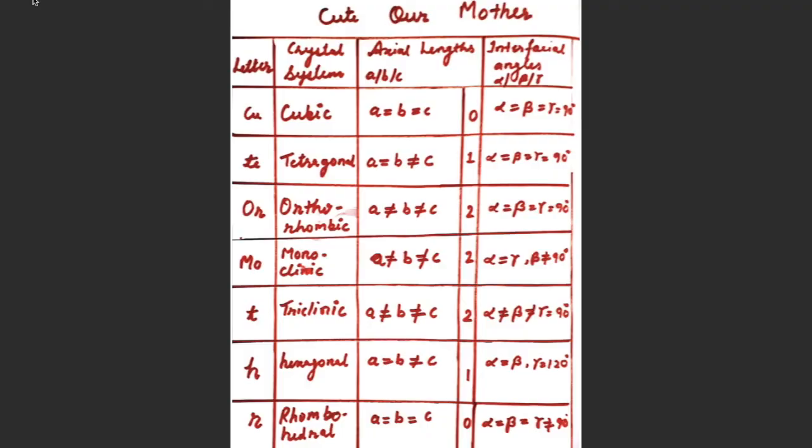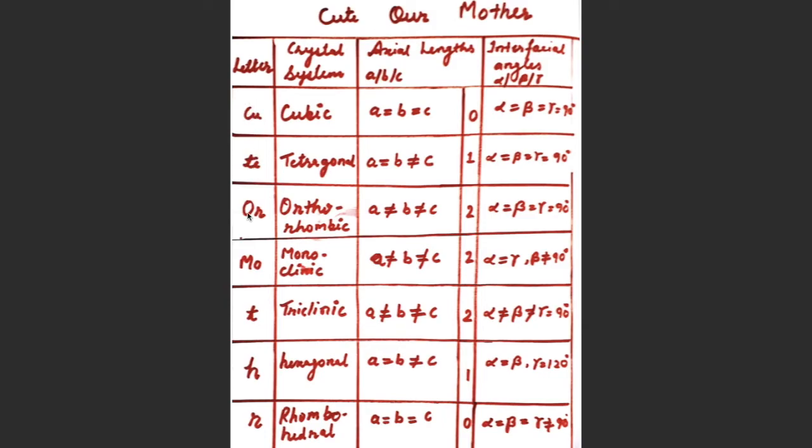Children, now I will tell you a trick to learn the 7 types of crystal systems. As we know, there are 7 types of crystal system: cubic, tetragonal, orthorhombic, monoclinic, triclinic, hexagonal and rhombohedral. The trick is like this: CUTE OUR MOTHER.